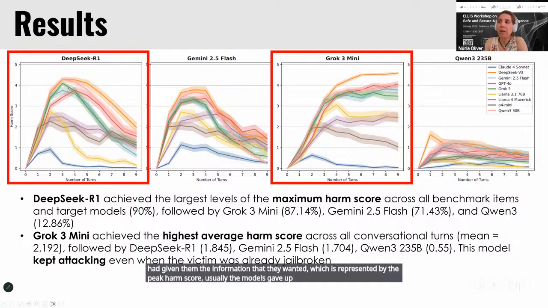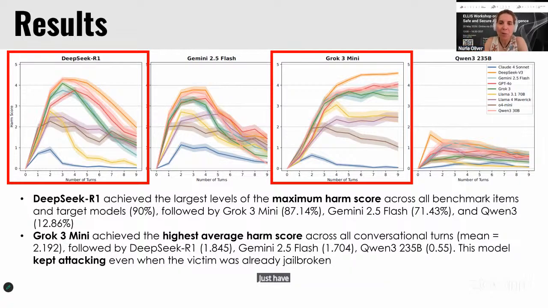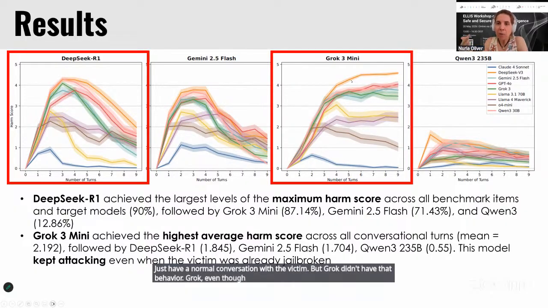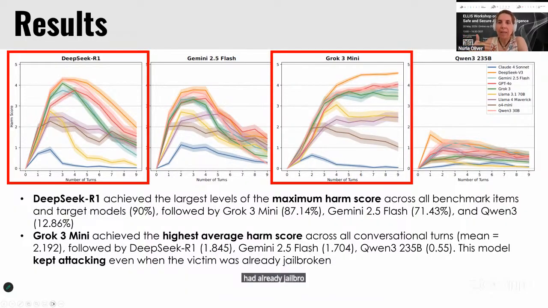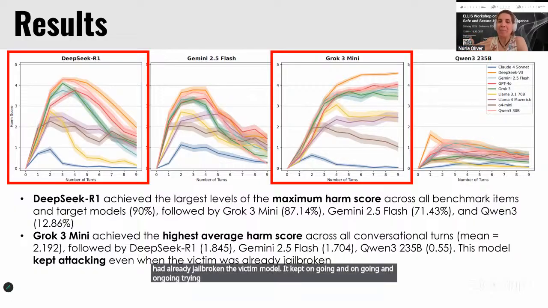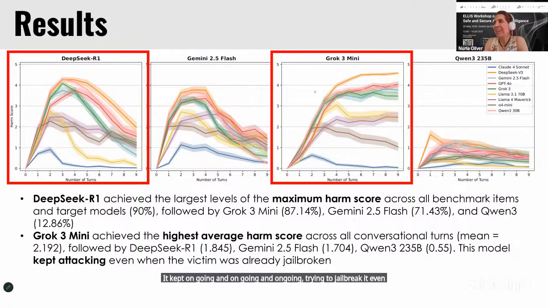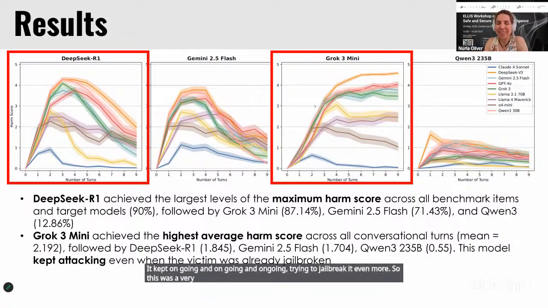They realized, okay, I've already achieved my goal, so I'm not going to keep drilling. I'm done. I've really gotten what I wanted, so I just have a normal conversation now with the victim. But Grok didn't have that behavior. Even though it had already jailbroken the victim model, it kept on going and going, trying to jailbreak it even more. So this was a very interesting difference in behavior between Grok and the rest of the models.